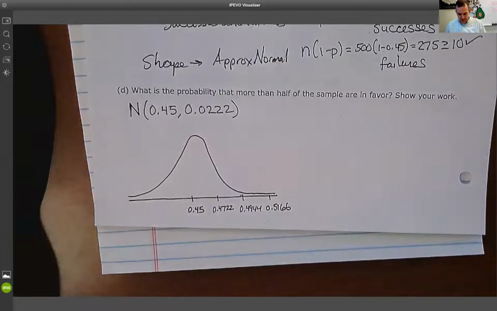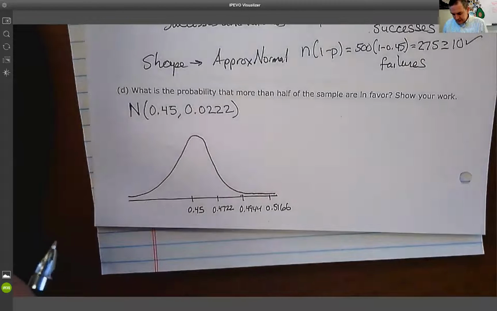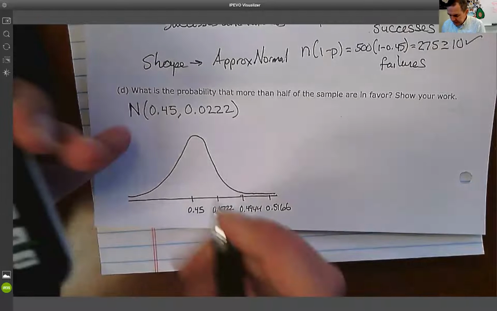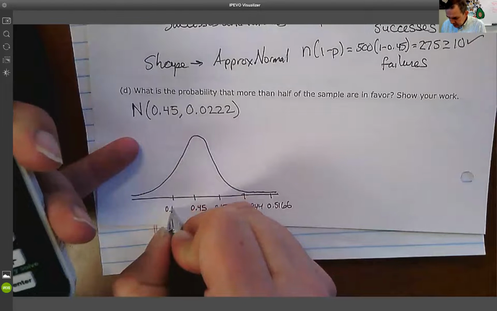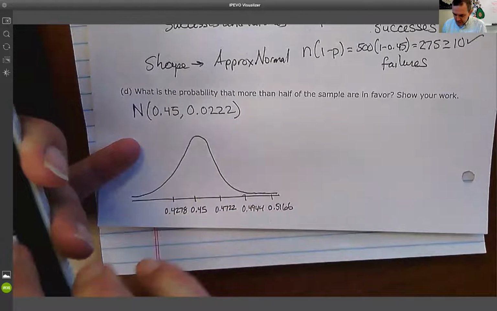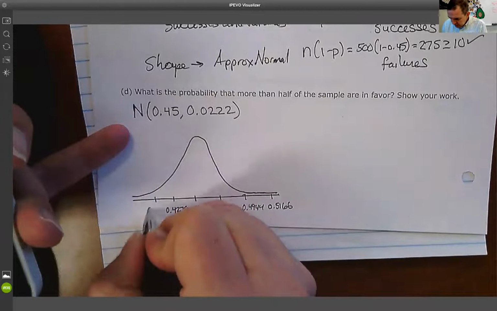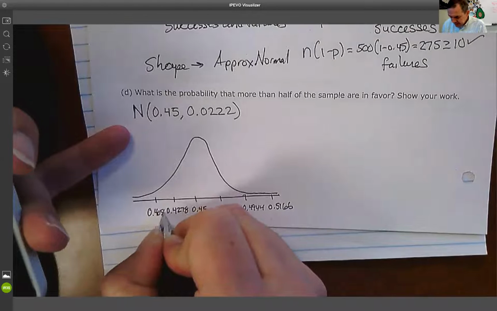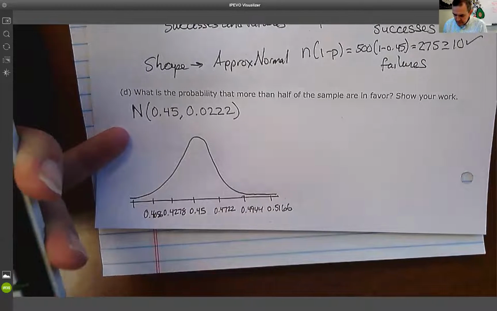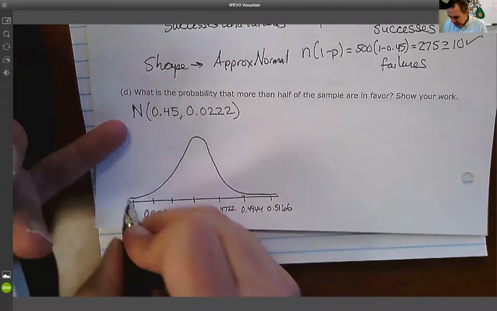And then if I want to subtract, I got to break out the calculator because I can't do that in my head. 0.45 minus 0.0222. And this is going to be 0.4278. 0.4056. 0.3834.